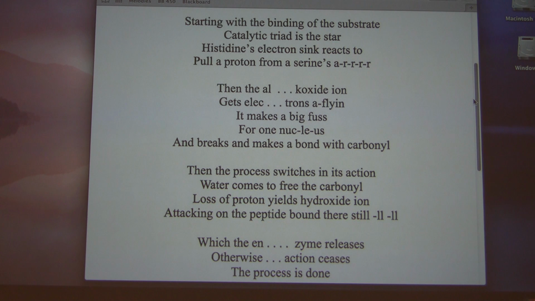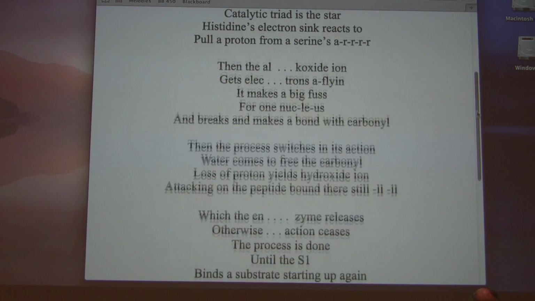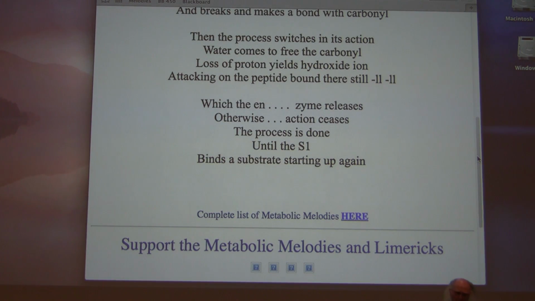It makes a big fuss for one nucleus and breaks and makes a bond with carbonyl. Then the process switches in its action. Water comes to free the carbonyl. Loss of proton yields hydroxide ion. Attacking on the peptide bond, there still what the enzyme releases. Otherwise, action ceases. The process is done until the S1 binds the substrate, starting up again.